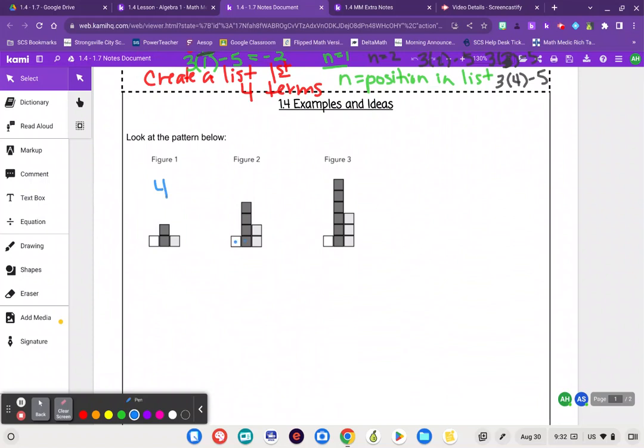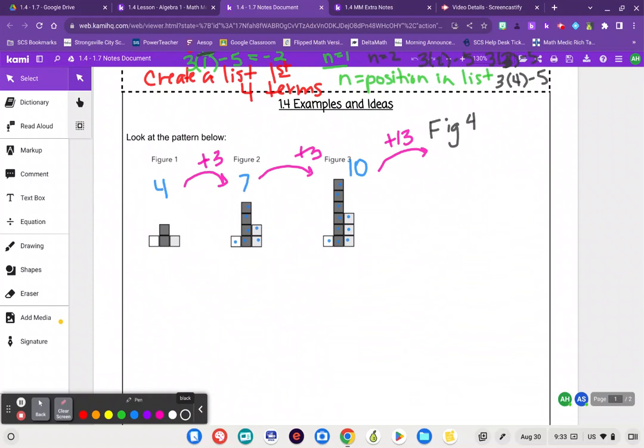I have 1, 2, 3, 4, 5, 6, 7 squares in the second figure. I have 1, 2, 3, 4, 5, 6, 7, 8, 9, 10 squares in the third figure. I want to know what's happening in figure 4. Based on this pattern, because it looks like I'm adding 3 each time, I'm guessing that this should have 13 squares.